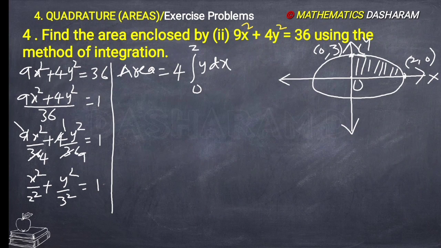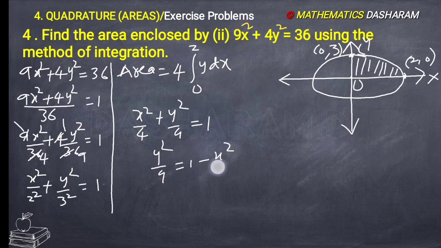Now what is the y value actually? So from the equation, x square by 4 plus y square by 9 equals to 1. So y square by 9 equals to 1 minus x square by 4. Here 4 is LCM, 4 minus x square by 4 equals to y square by 9.